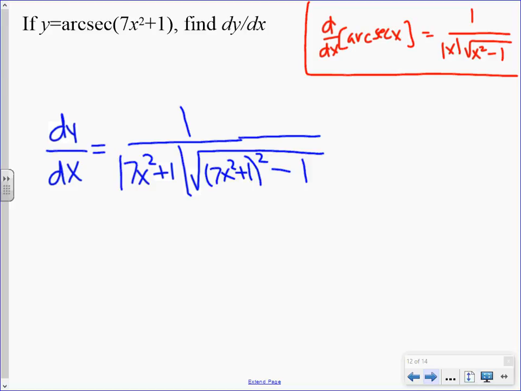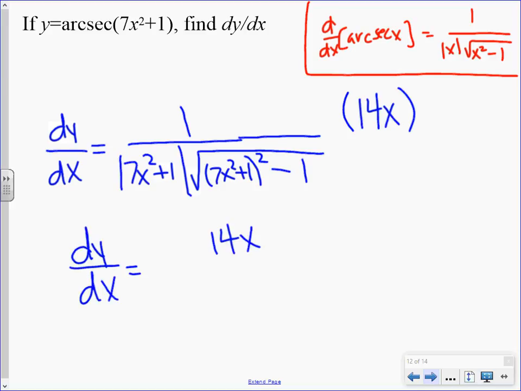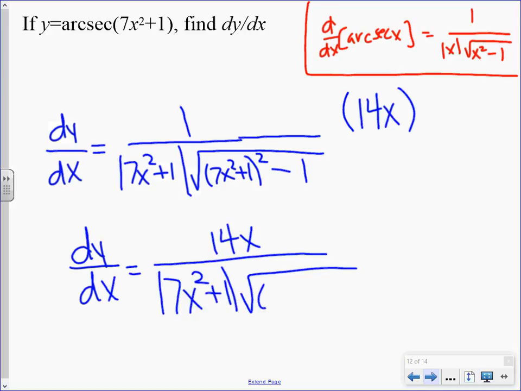Are we finished? Times what, Abram? 14x. Times 14x, because we have to apply the chain rule. Do not multiply this out.